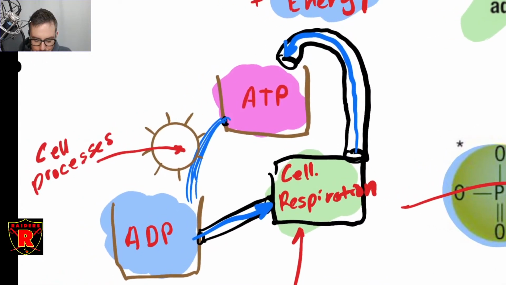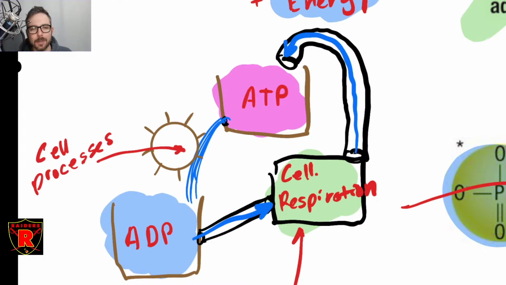If you can imagine, all of your cell processes are kind of like a water wheel, and that water wheel needs something to turn it in order to do work. So you can think of the water wheel as being building RNA, mitosis, building proteins. All the different things that the cell is doing require energy, contracting your muscles, all that.